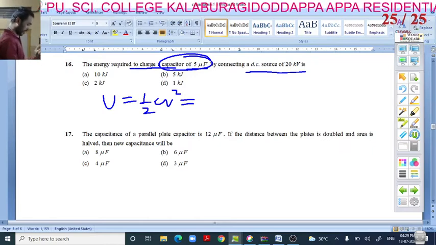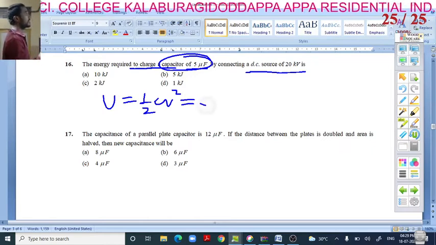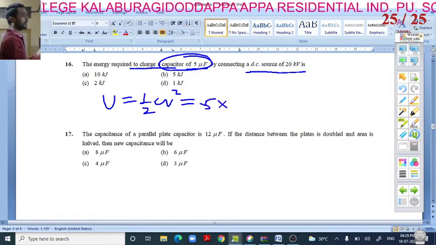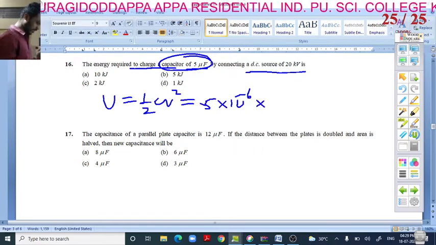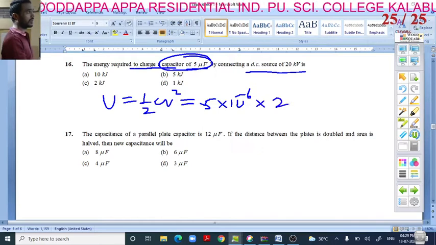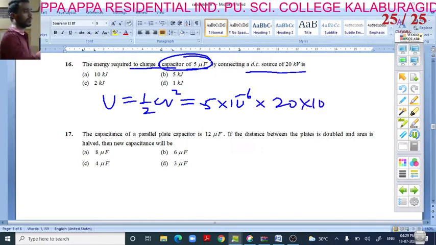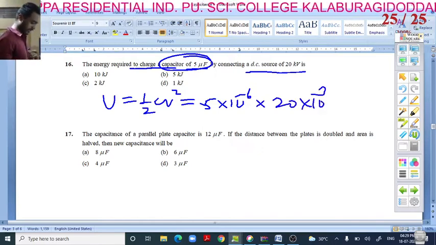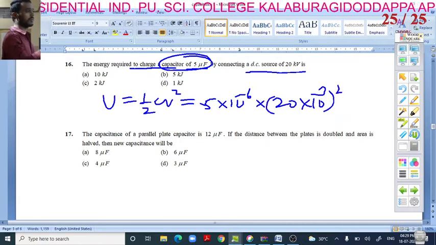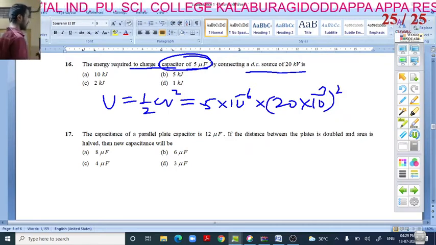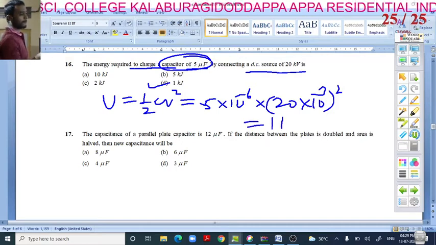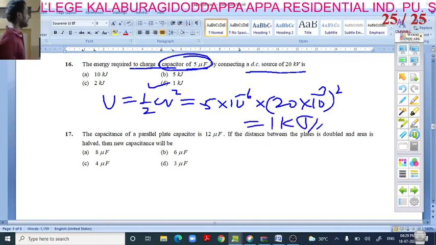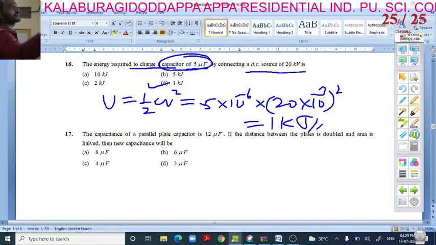Just substitute the values: 5 microfarad, that is 5 into 10 to the power minus 6, and V is 20 kilovolt, 20 into 10 to the power 3, squared. By simplifying it, we will get 1 kilojoule.